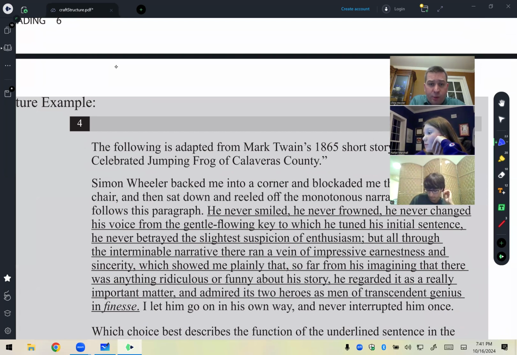Okay, so there'll be no suspicion of enthusiasm. So far, we don't think that he would imagine that there's anything ridiculous or funny about his story. There's a contradiction. It's sort of setting up a contradiction. I could tell that whatever this story is, it's probably absolutely absurd. But it will be told with complete earnestness and sincerity.